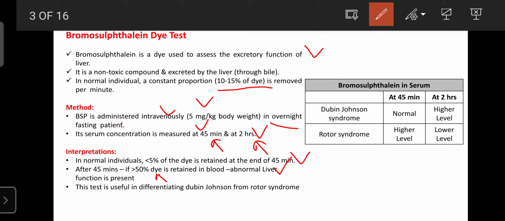This bromosulfophthalein dye test is also helpful to differentiate Dubin-Johnson syndrome from Rotor syndrome. Simply, in both conditions the symptoms are the same. Dubin-Johnson syndrome is popularly known as DJ, as well as Rotor syndrome.